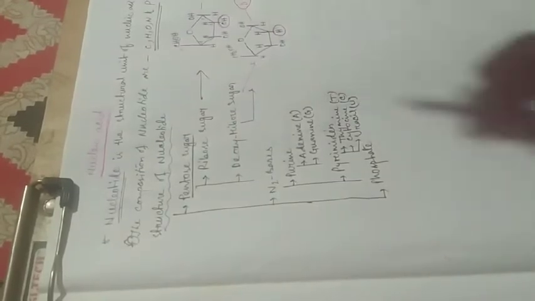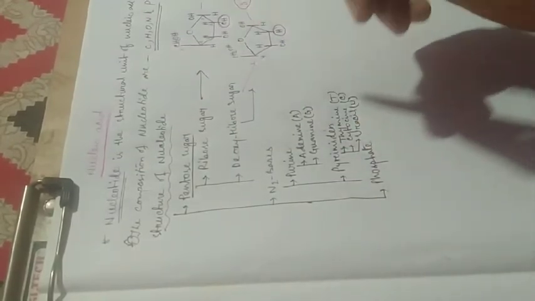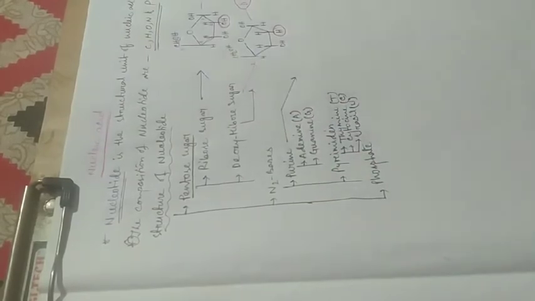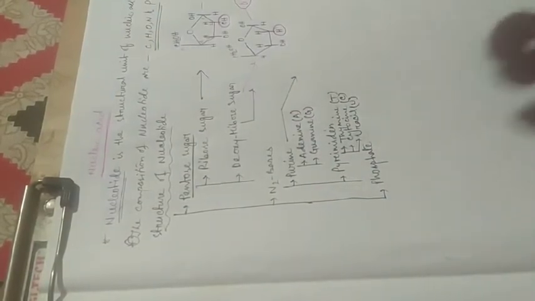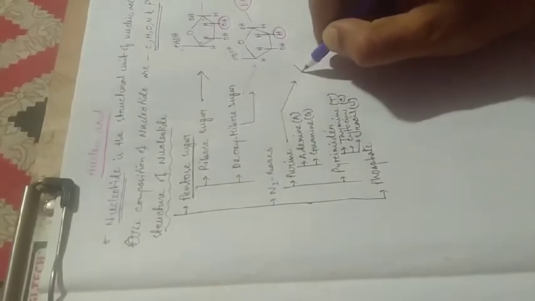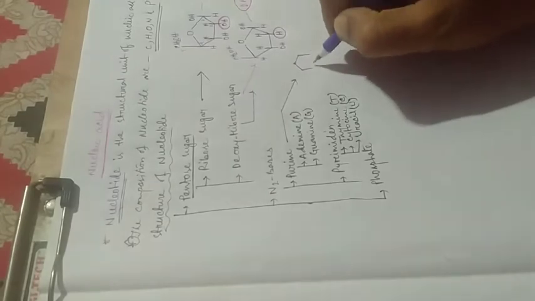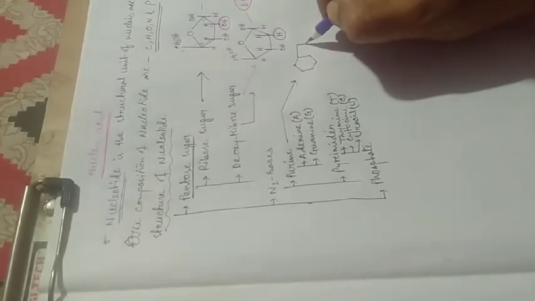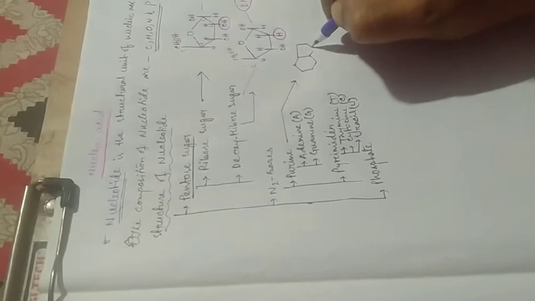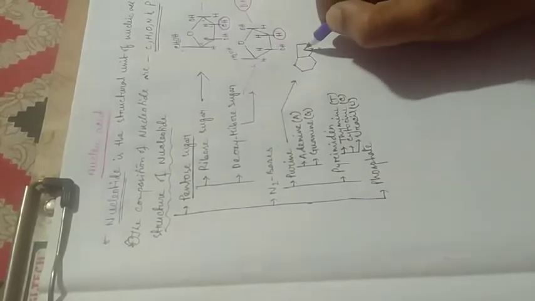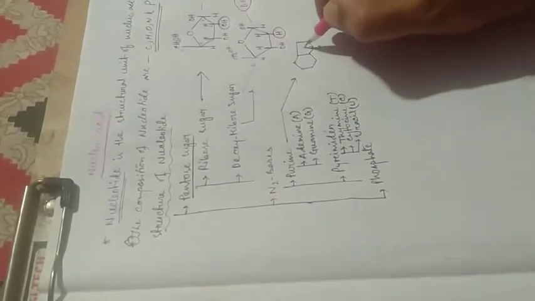Then what are the differences between purine and pyrimidine bases? Purine has two rings. One hexagonal ring and one pentagonal ring, and an NH group is present at the ninth place.